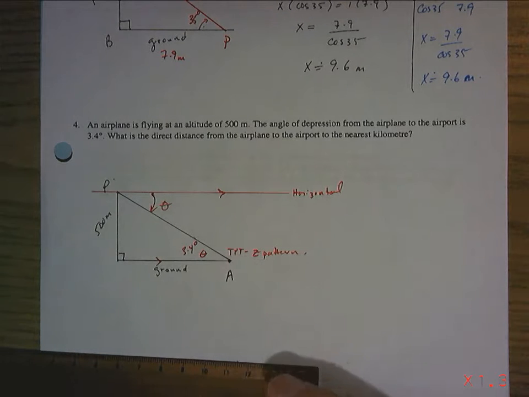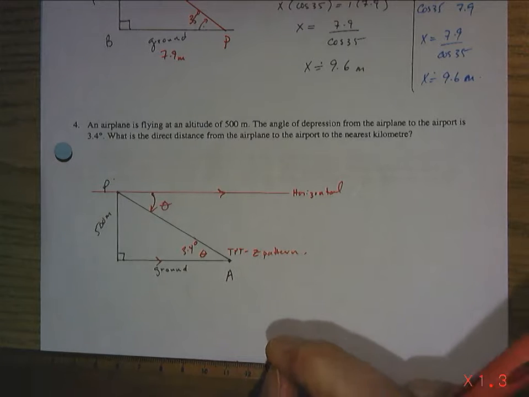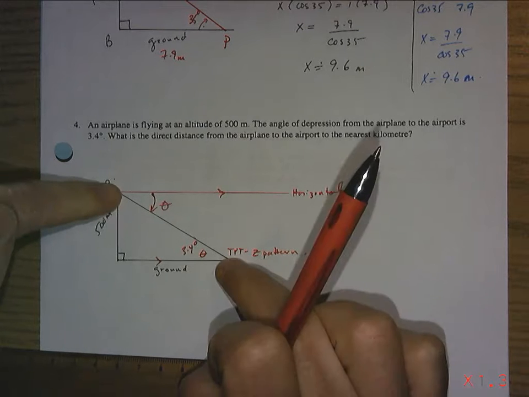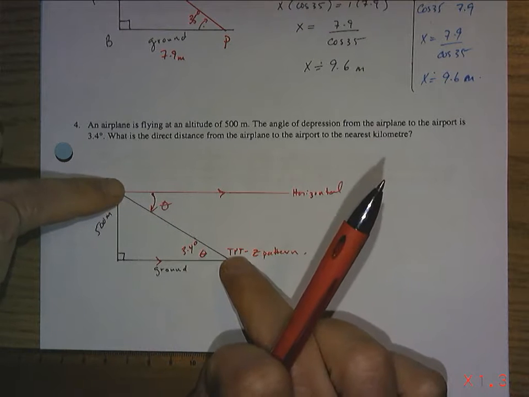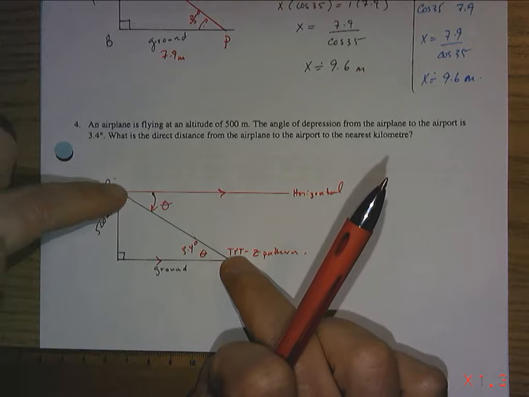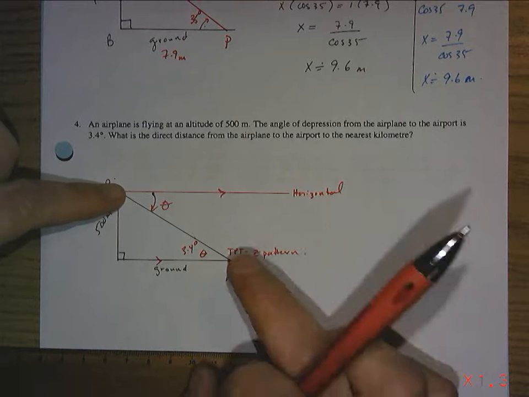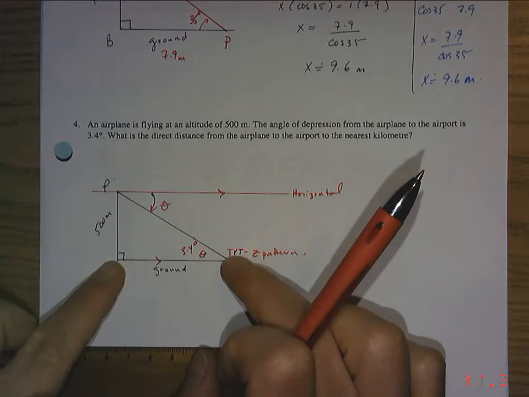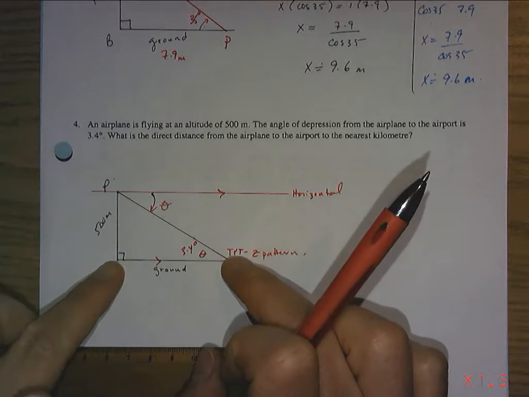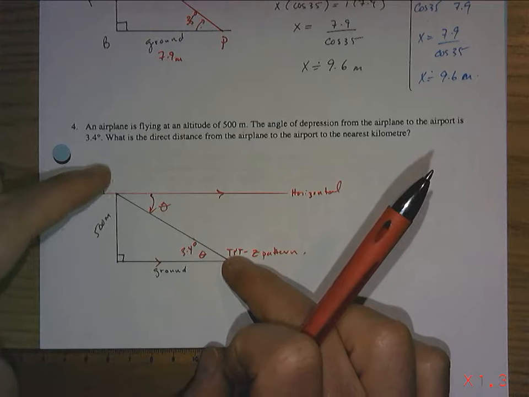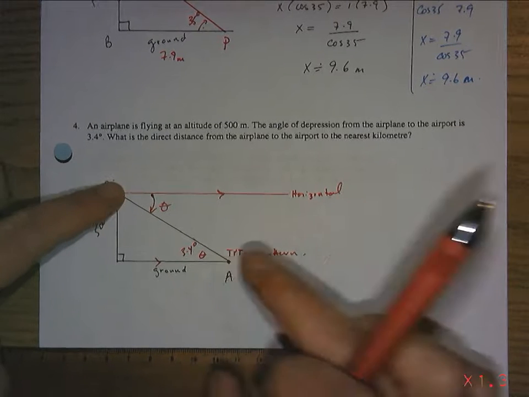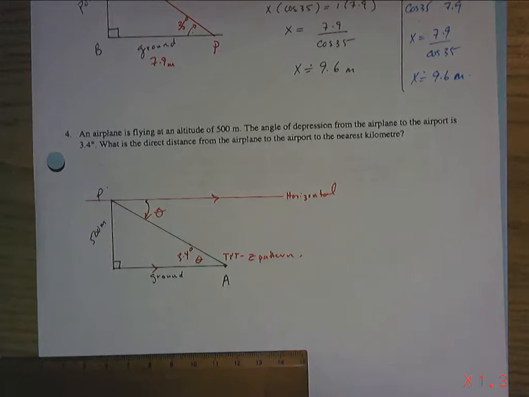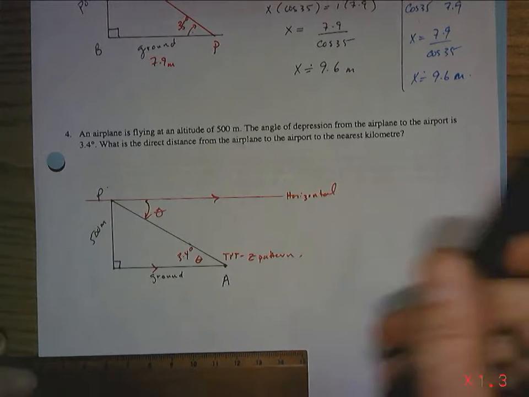If you are able to go directly from the plane to the airport, that's that distance. That is the hypotenuse. That would be the horizontal distance along the ground. But remember, you still have some distance up on top for the airplane. So direct distance is from the plane to the airport, so that's going to be the hypotenuse.